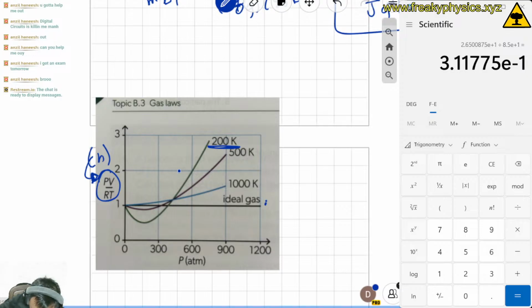Okay, so if you have 2 moles at 600 atmospheres, this is what it means, I think. If you have a gas at 200 Kelvin, 2 moles of the gas would give you 600 atmospheres of pressure. Same thing if you're using that 200 Kelvin temperature of the gas.